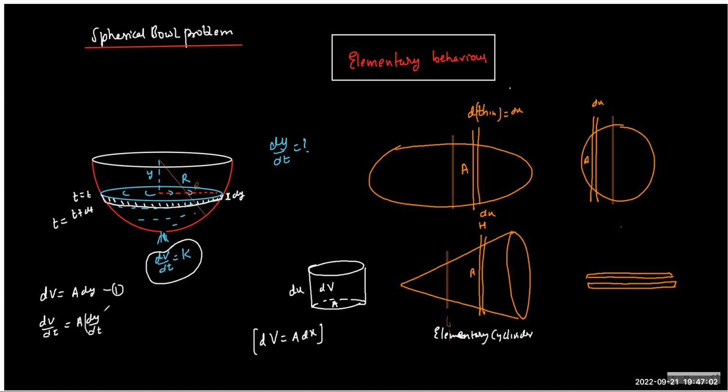So what were we looking for? Because this is given to us, k. So what is dy by dt? k by A. Now can you find the surface area of this wafer? Can you find the area part at least?